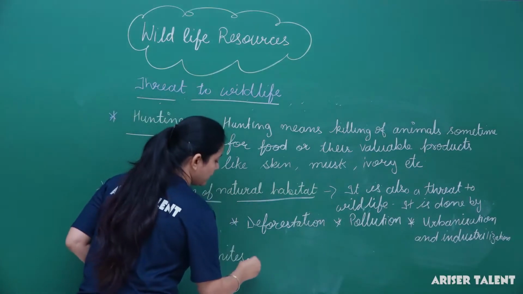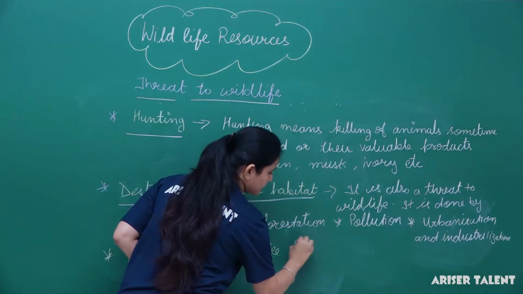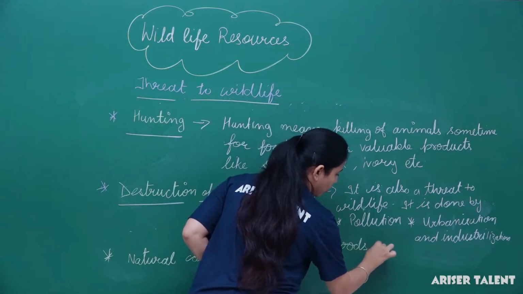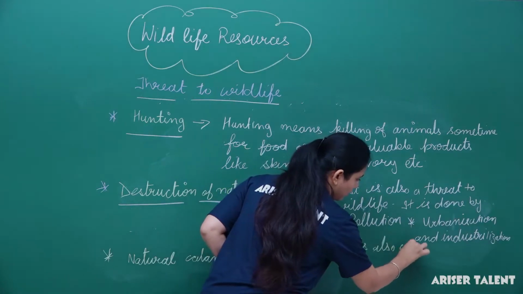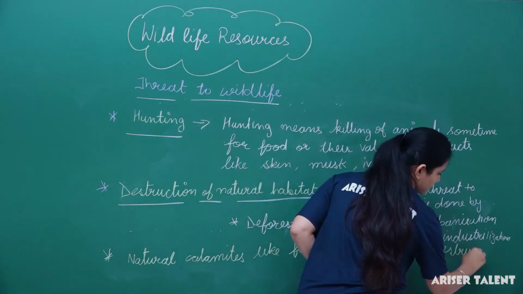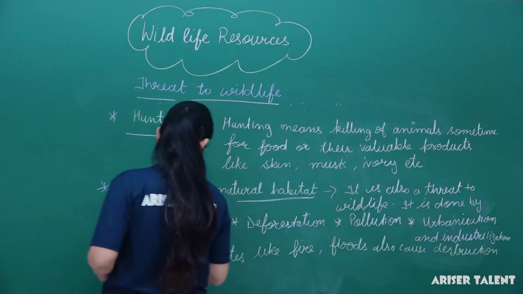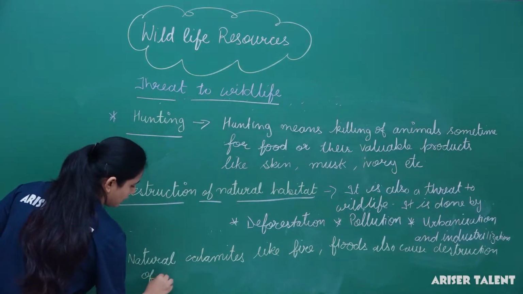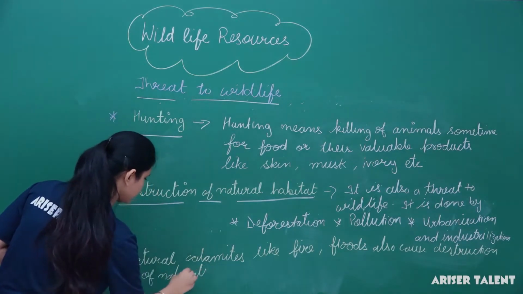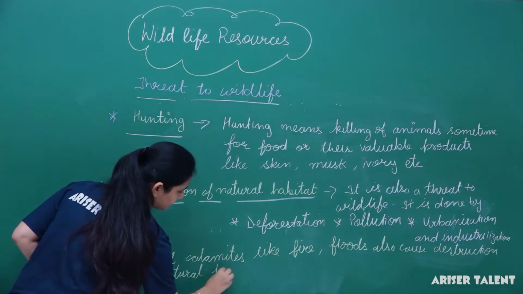So what are these? Natural calamities like fire and floods also cause destruction of natural habitat.